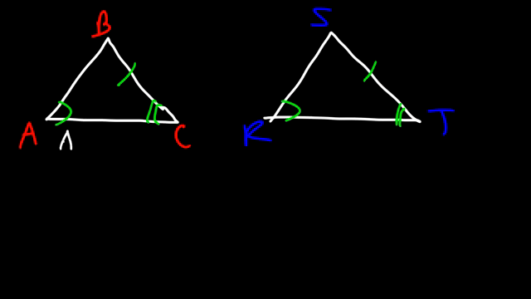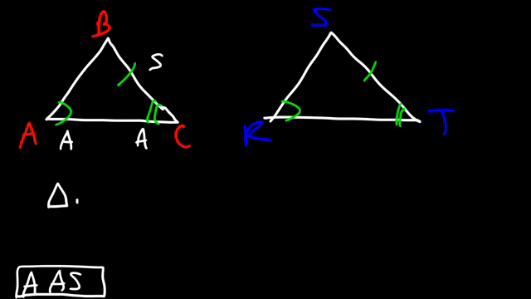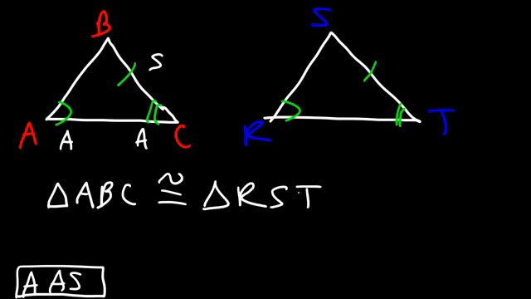So here we have two angles and a side. So we could use the AAS postulate to make the statement that triangle ABC is congruent to triangle RST. And so that's the fourth postulate you want to know.